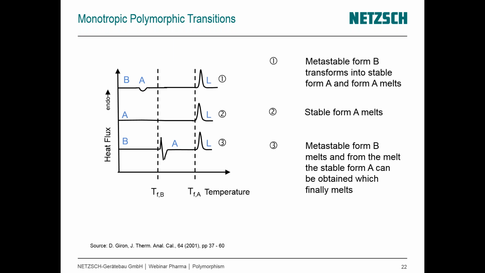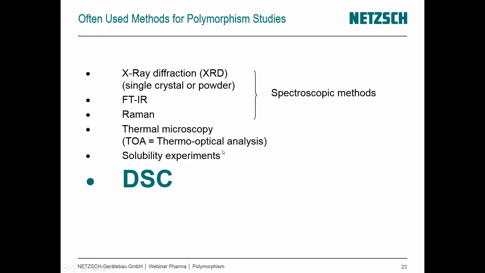B melting is going to absorb energy. Any solid to liquid transition that we're going to be looking at here is going to involve heat put into the system. But then the rearrangement of the molecules into a stable form A, into a more thermodynamically stable arrangement, gives off heat. So I go from adding heat to the system, to that sample then giving off heat, and then heat being put into the system through that melt.